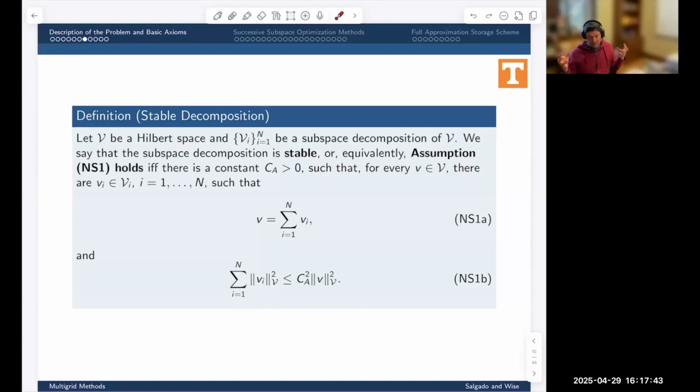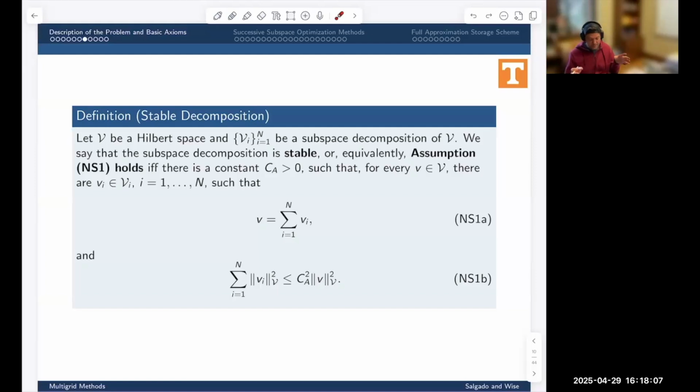So what does this look like? In the finite element context, we're going to revisit this when we visit the next chapter. I'm not going to give you an example here, although there are finite dimensional examples which don't rely on finite elements that I could have drawn up.